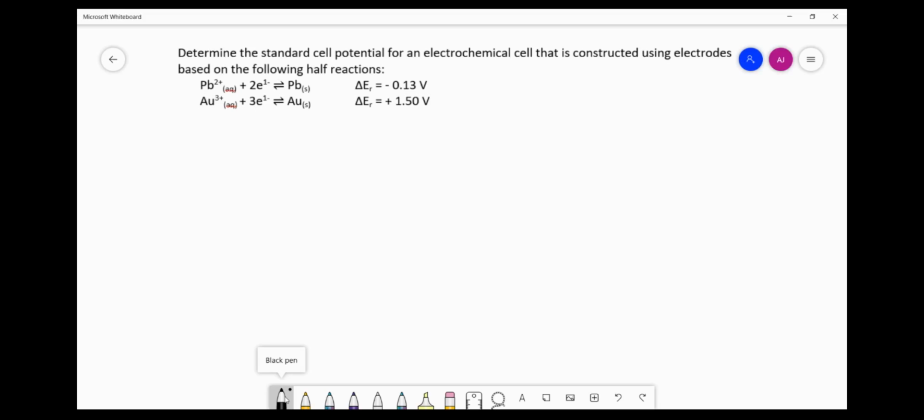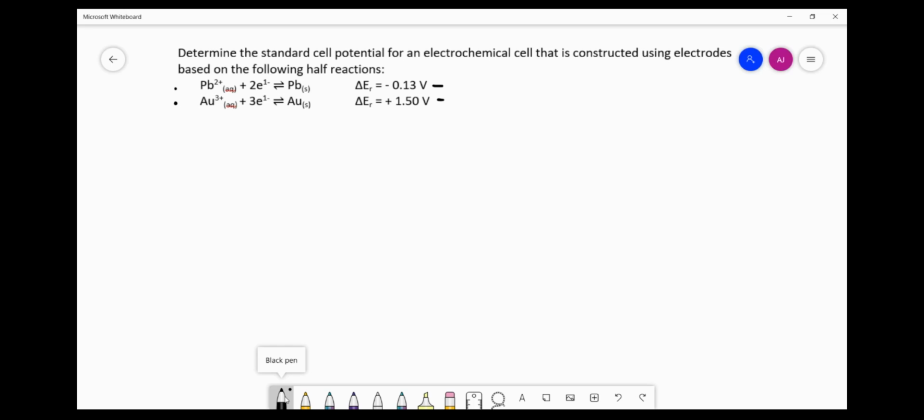So my first step here is to determine which of these two half cells is going to be the oxidation and which one's going to be the reduction. I'm going to look at the two reduction potentials to decide. The gold reaction here has a reduction potential of plus 1.5 volts. So that means it's releasing energy.